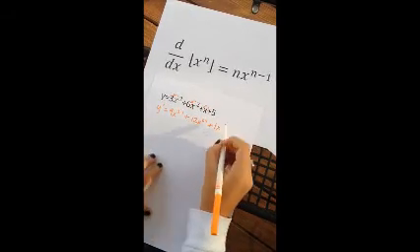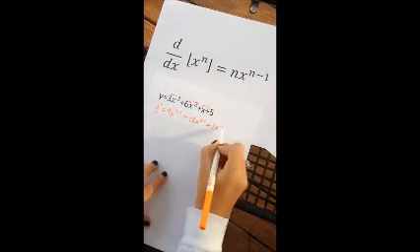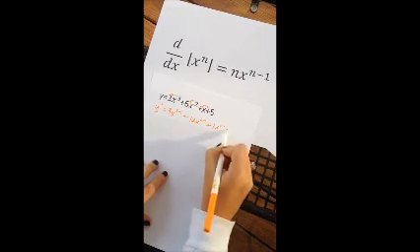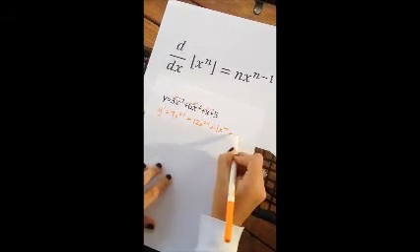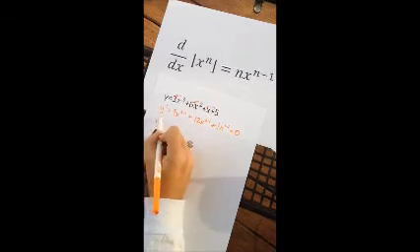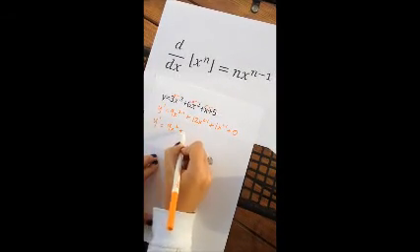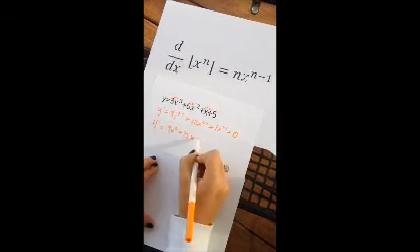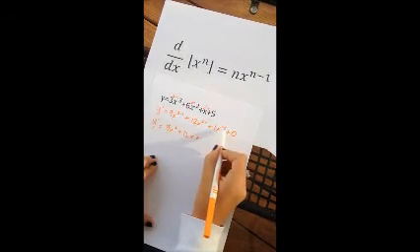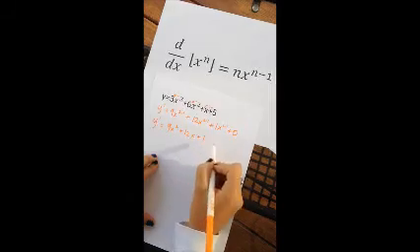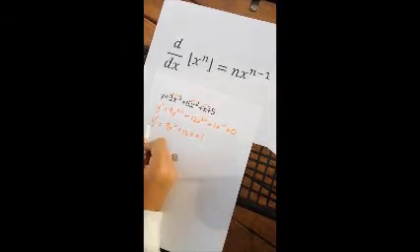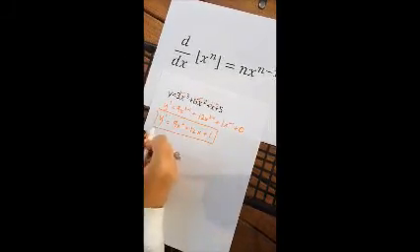Then you're going to have x to the 1 minus 1, and then the derivative of a constant is always 0. So y prime equals 9x squared plus 12x plus x to the 0 power, which is just 1, so you leave off the x. And that's your answer for that one.